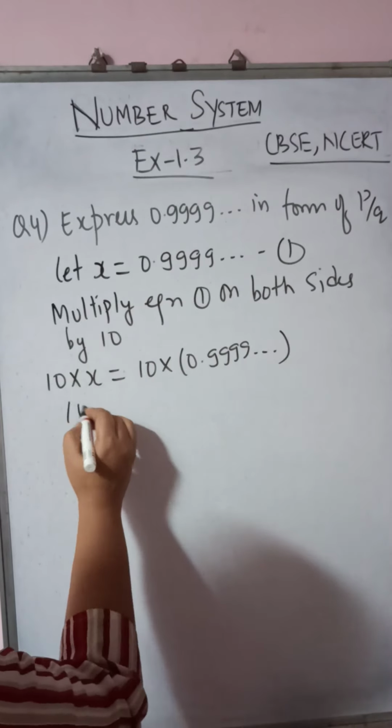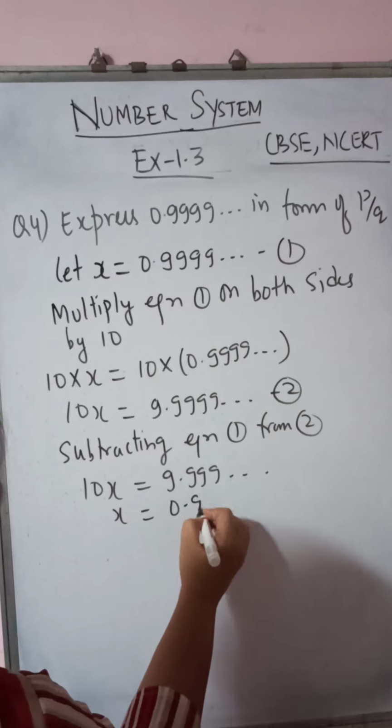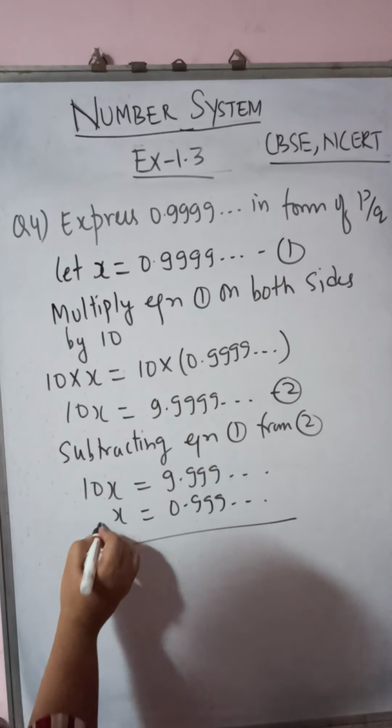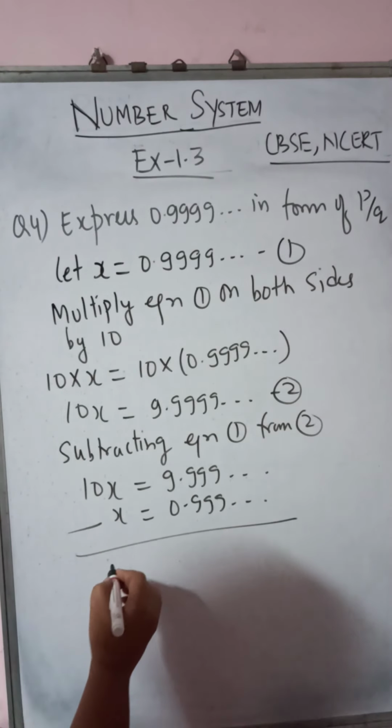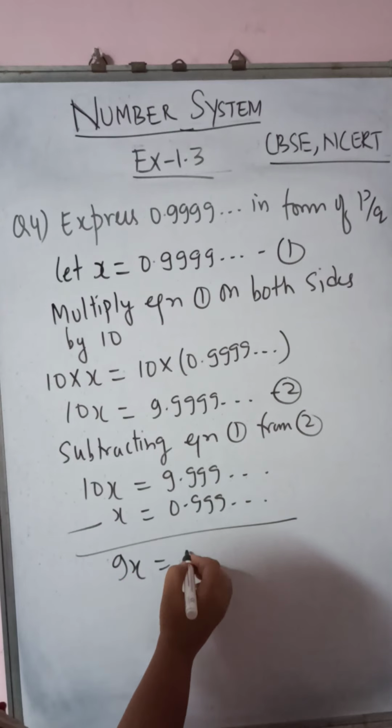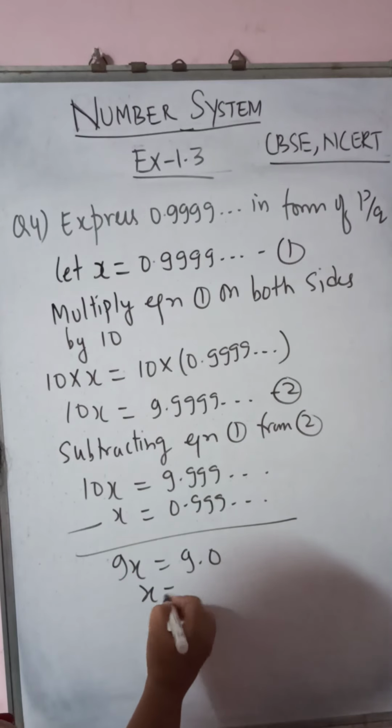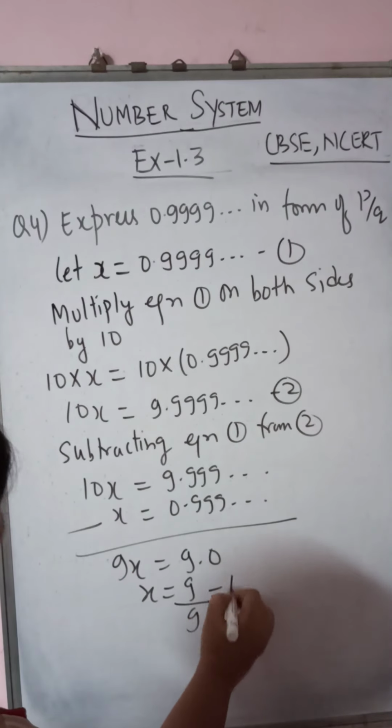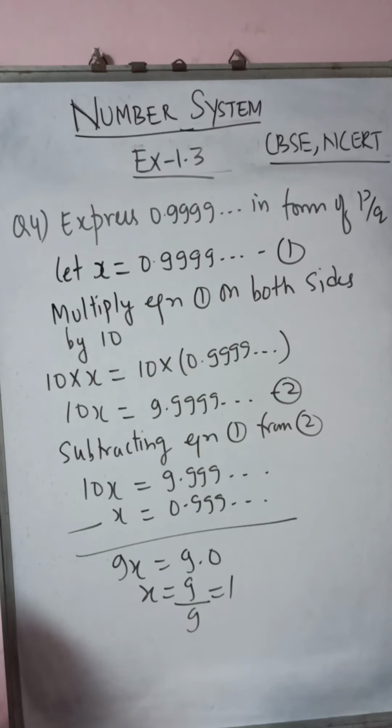Subtracting equation 1 from 2, 10x is equal to 9.99 and x is equal to 0.99. Now subtract. So 10x minus x is 9x, and this is 9.0. So 9 by 9, which is equal to 1. So this question number 4 is done.